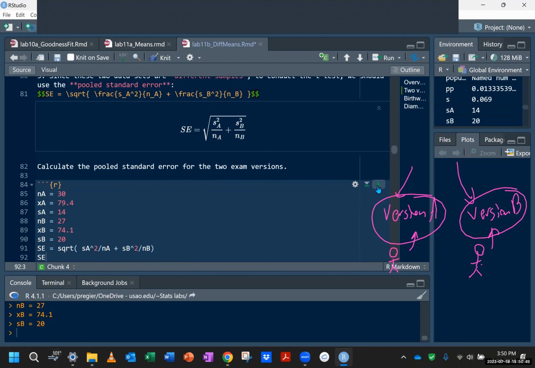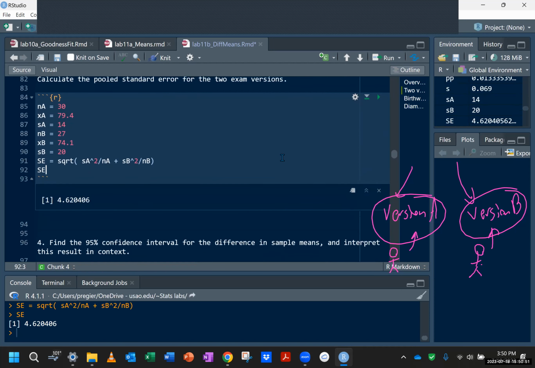Check to see that you got the same standard error as I did. It means the standard deviation of our sampling distribution is 4.62.